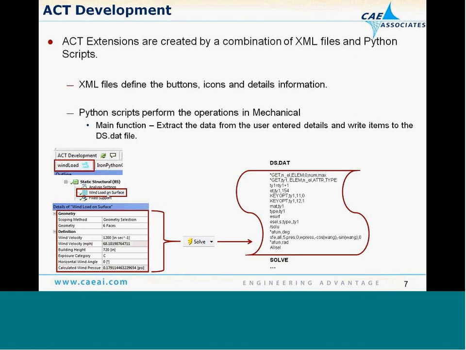So we need to do the same thing with this load that we put on. We need to take this input data that we're providing Mechanical and then feed that into the ds.dat file when we hit solve. So that's what the Python script does. There are examples for this, showing how to link that in.